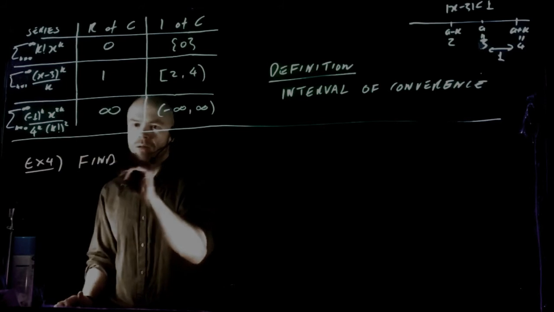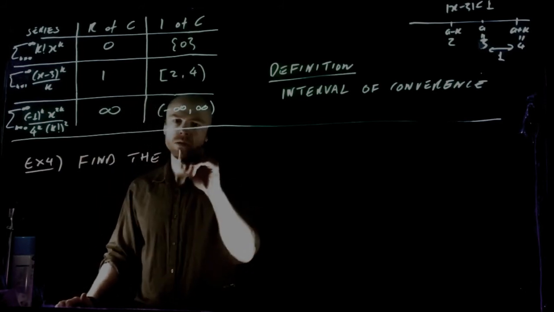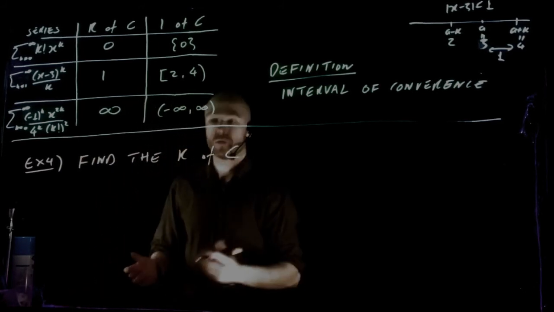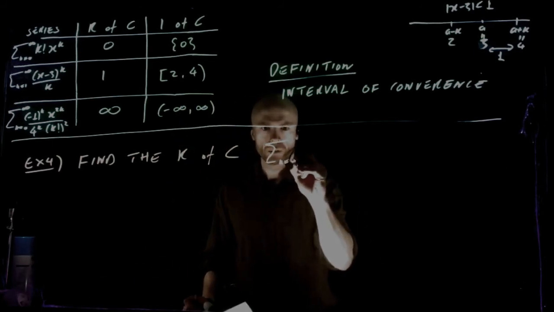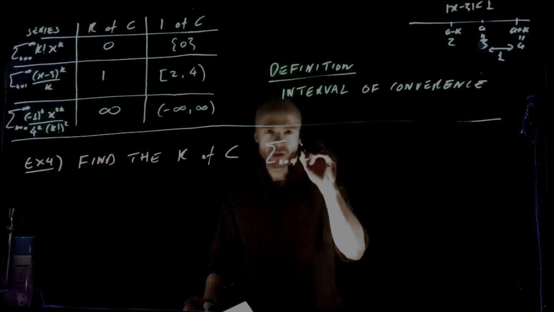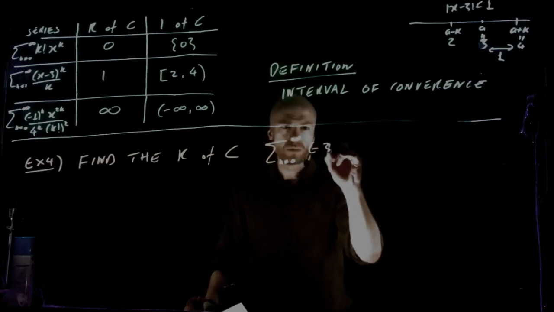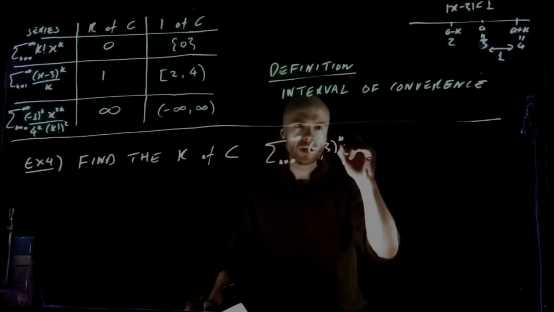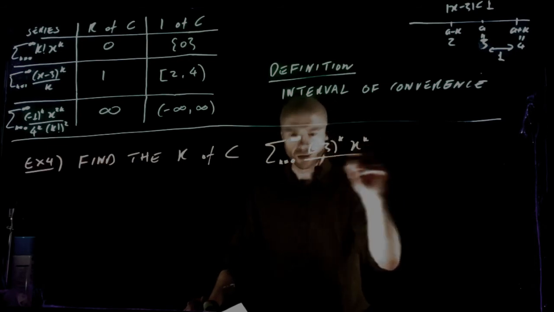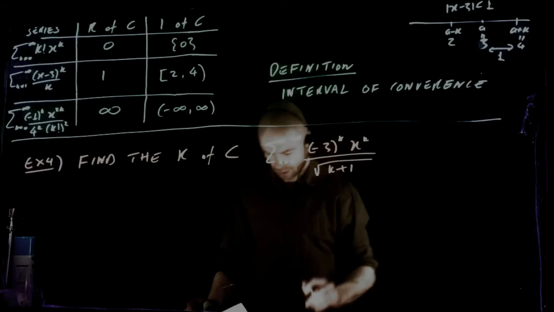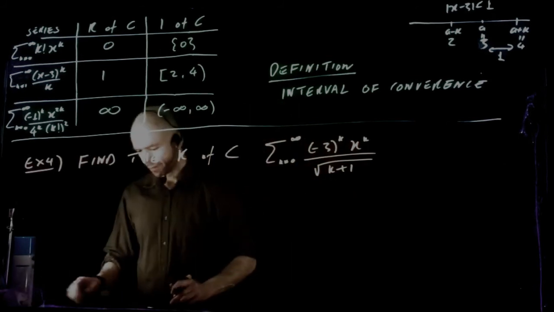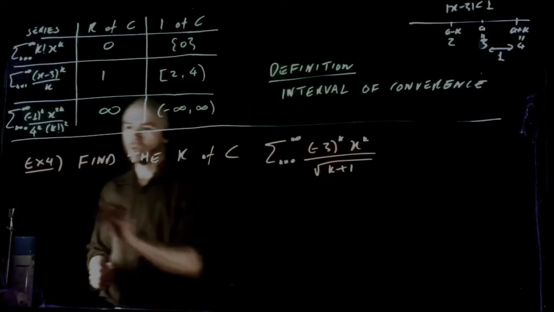Find the R of C, radius of convergence, of this particular series: the sum k equals 0 to infinity of (-3)^k x^k over square root of k plus 1. This will be our last example. Okay, so same procedure.